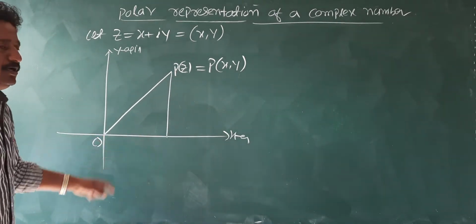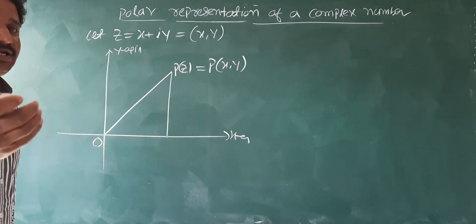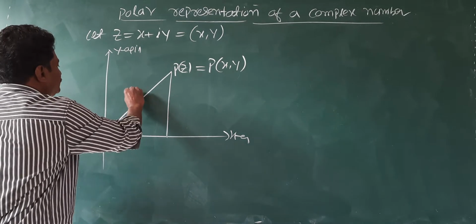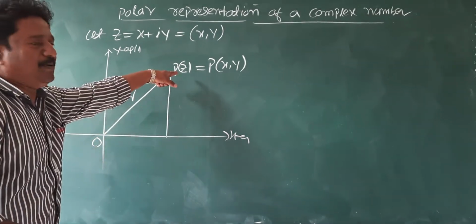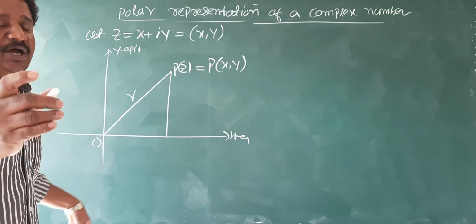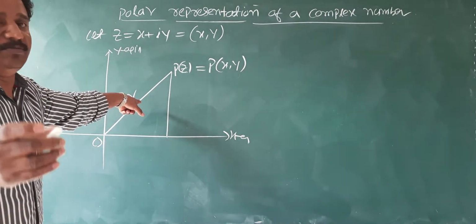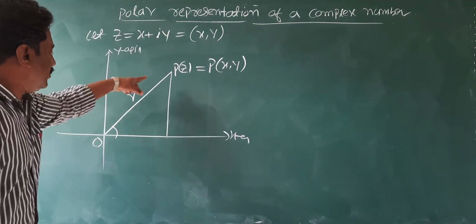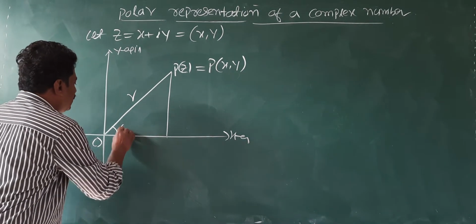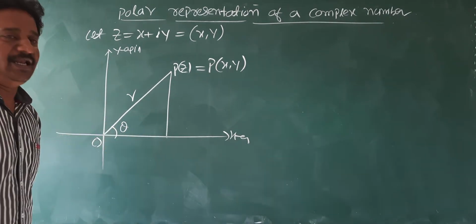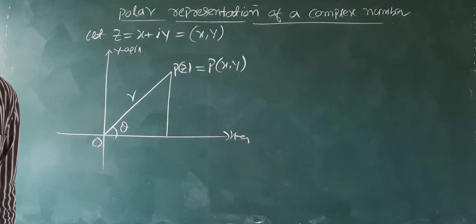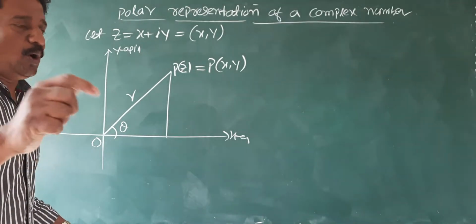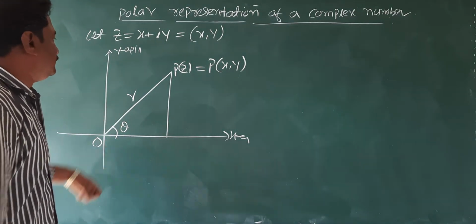This is the pole. The origin in the complex plane is called the pole. This length r, the distance of the complex number from the pole, is called the modulus, and the angle made by OP with the x-axis is called the amplitude or argument, theta. This can also be represented by the coordinates r and theta.